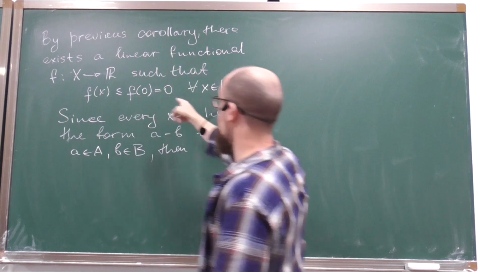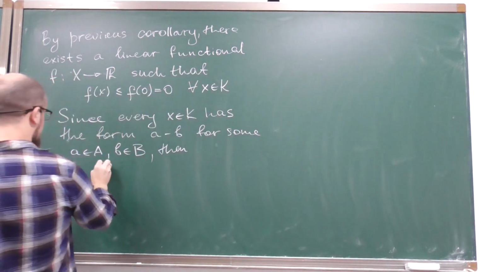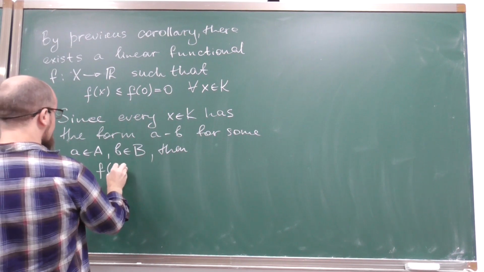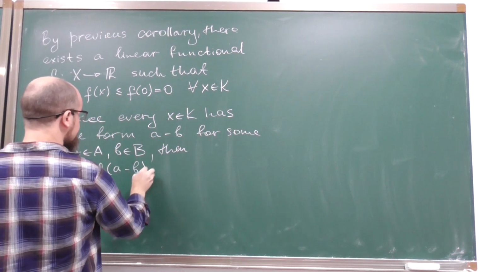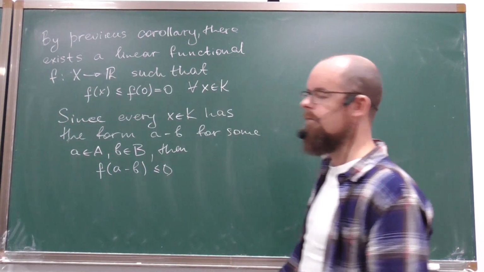Then what we have is that f of a minus b is less than or equal to 0.